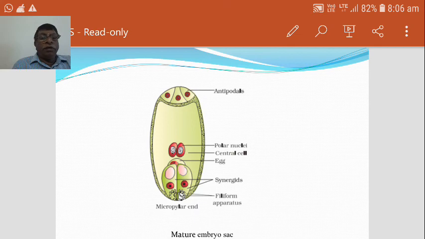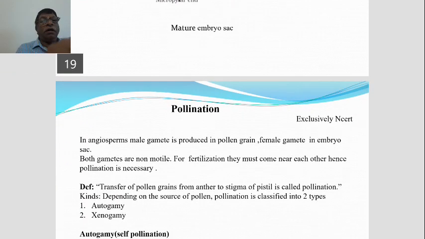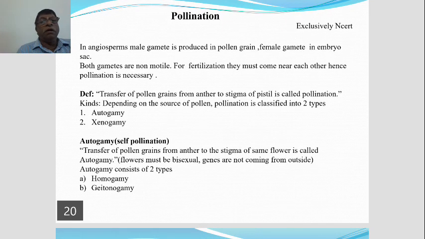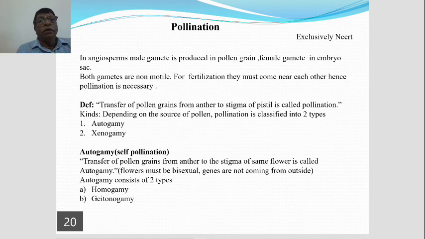So today we shall start pollination. The PPT is exclusively based on the NEET syllabus. NCERT, not NEET, NCERT.